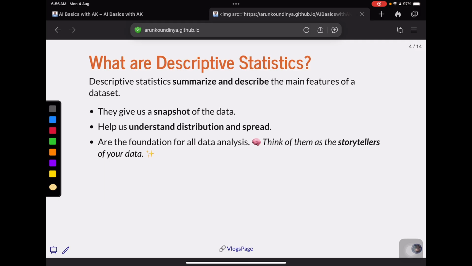So here we are trying to describe what has happened, or else we can also describe that on an average, on each and every day, approximately 4 milk packets got sold. So here we are trying to summarize and describe the main features of the data.